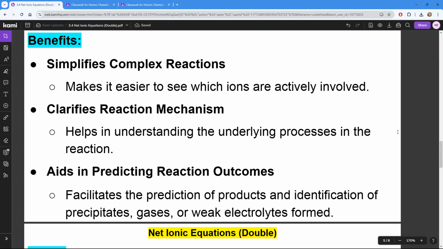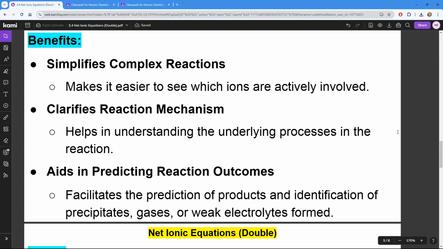So there's a lot of moving parts, and when we write out a net ionic equation, it makes it easier to see which ions are actually involved in the reaction. It also helps clarify the reaction mechanism. So again, when we see how the ions are moving around, this will really show what's going on with the reaction.